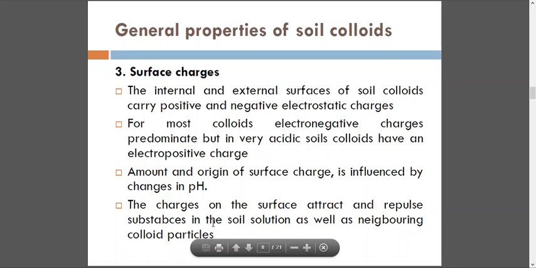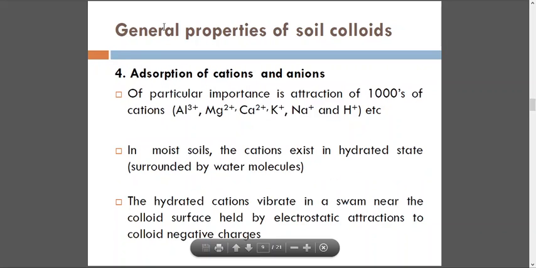The charges on the surface attract and repulse substances in the soil solution, and in the soil solution we'll normally have a suspension of ions, which are either cations or anions. So if the surfaces are negatively charged, they will attract cations, and if they are positively charged, they will attract anions.